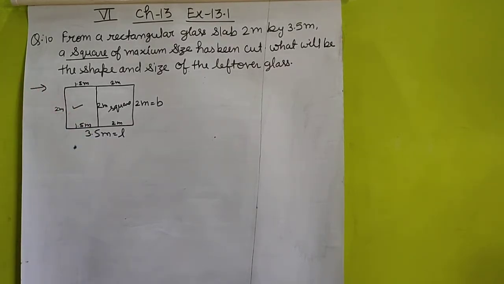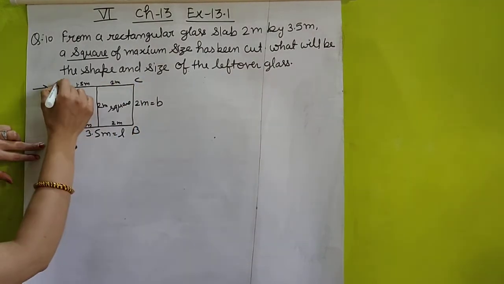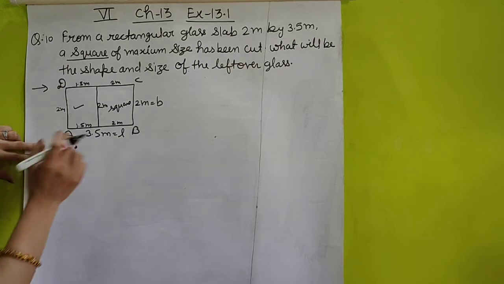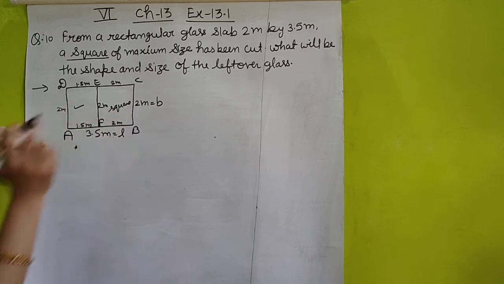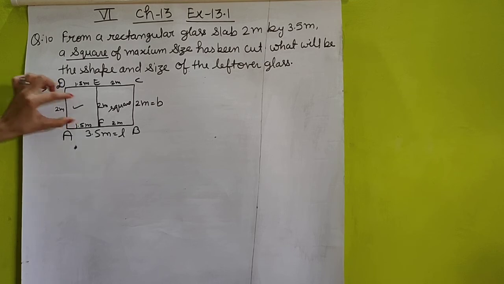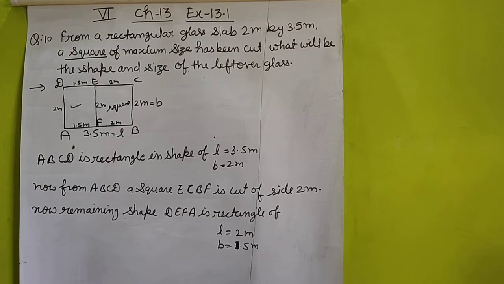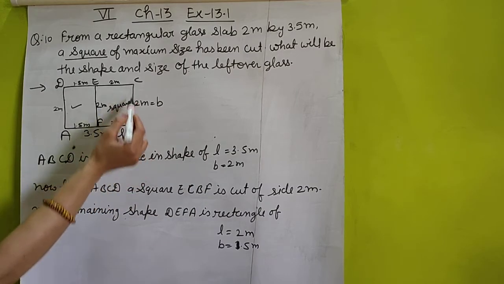It is the rectangle. Okay students, here ABCD was the complete glass slab, and from here ECBF I have cut the square. So the remaining part is DEFA, and this remaining part is a rectangle in shape. Now you can write: ABCD is a rectangle of length 3.5 and breadth 2 meter.